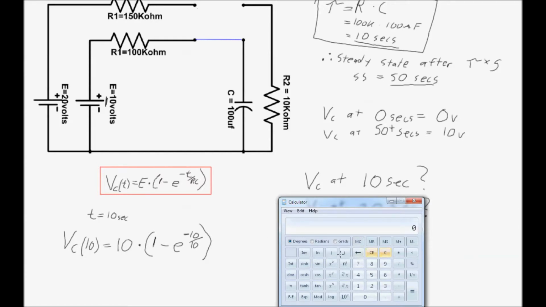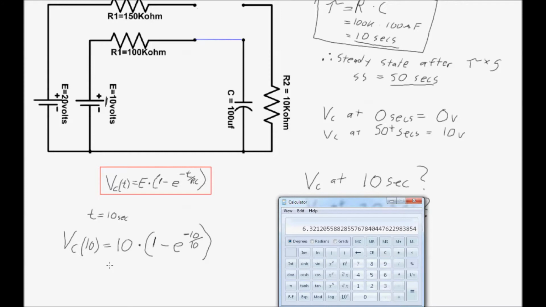Punching it into the calculator, 10 times open bracket 1 minus open bracket e to the negative 1, equals 6.32.